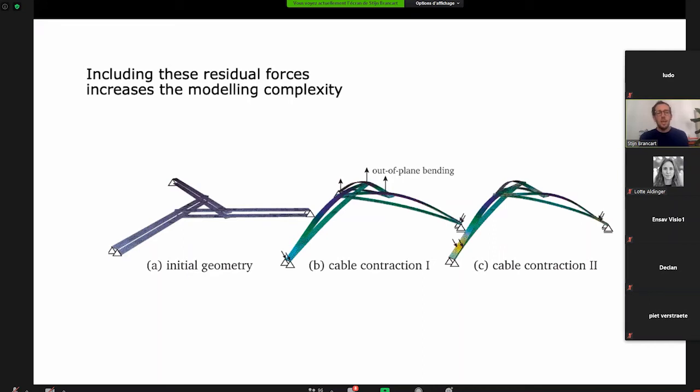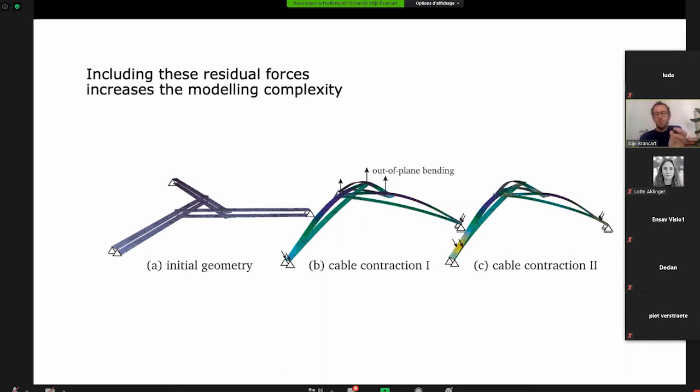So we also analyzed this configuration of 3 components in a reciprocal configuration. That is quite complex in this software, as we had to curve these components elastically to include the residual forces that are in the components. So that's computationally a bit of a challenge, although it's a very simple system.